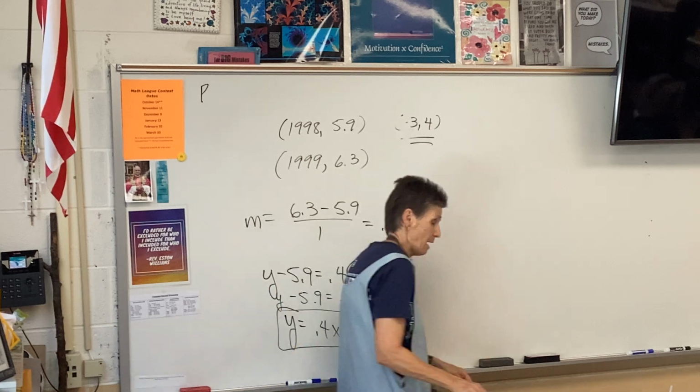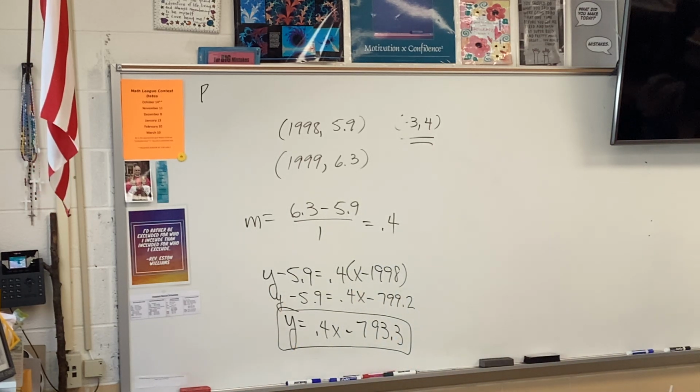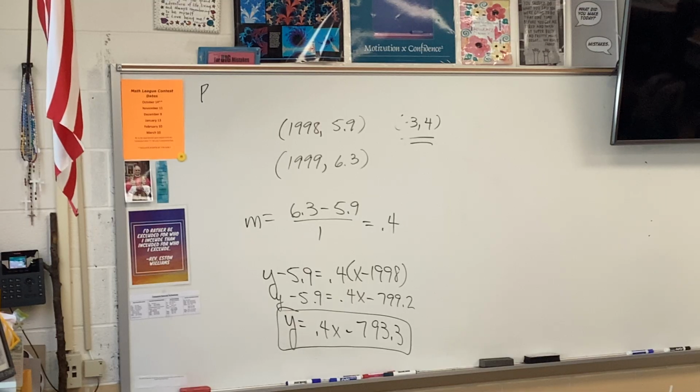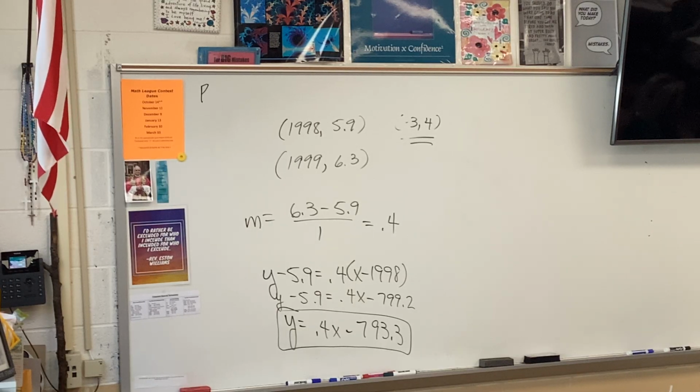Okay, now, what would have happened if instead of using the first 2 points, I used the first and the third? I would have gotten a slightly different equation. And that would mean that I would have gotten a slightly different value when I plugged in 2002.